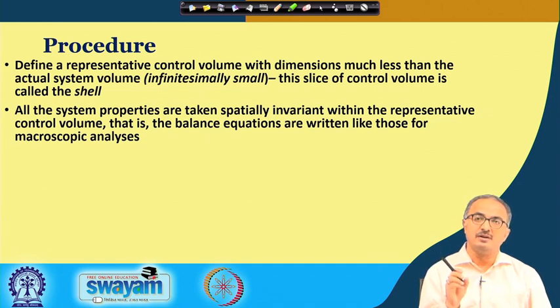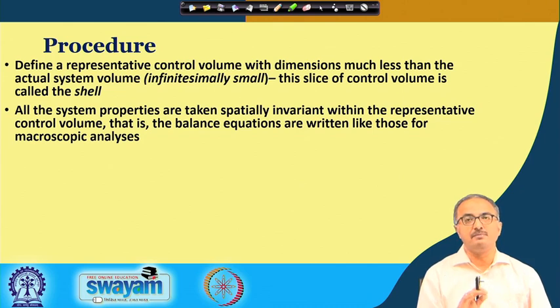It means that within the control volume we assume there is a uniform distribution of the properties.